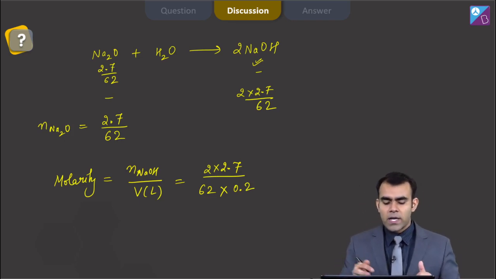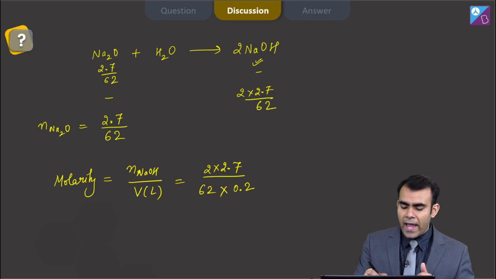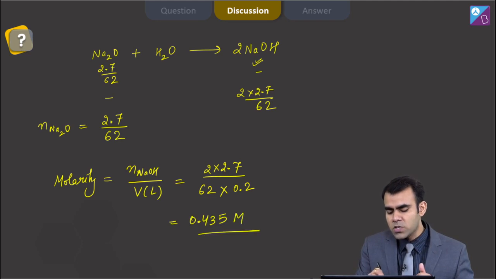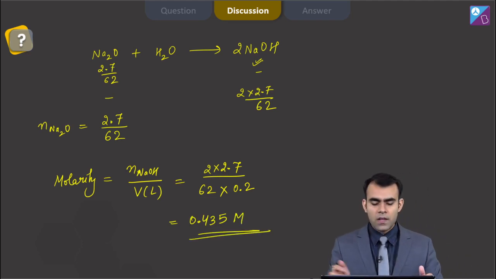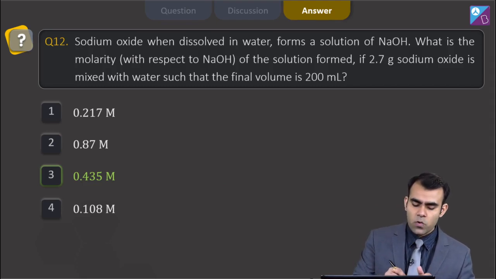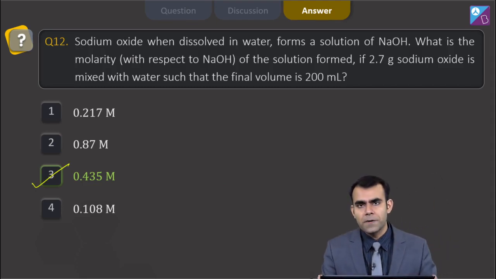Now we have to do the calculation here, and if we calculate we get 0.435 molar solution. So the answer of my question is option number 3, that is 0.435 molar.